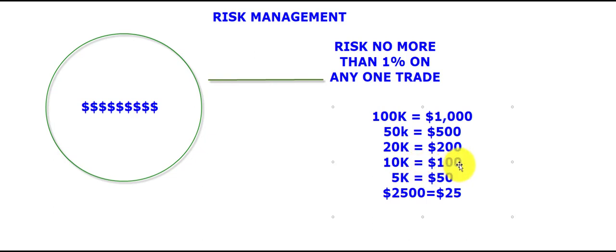Now at $100, it's going to be pretty tight. There may be certain markets, maybe a few of the currencies you could trade. But to trade the NASDAQ, the NQ, I don't think you have enough width in the trade to withstand the noise. You'll just keep getting banged out.